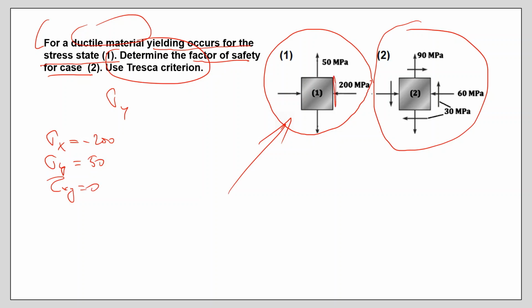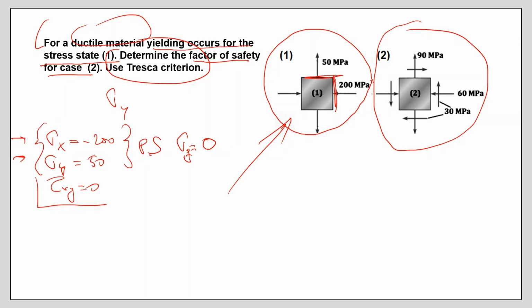Since on both of these surfaces the shear stress is 0, these two stresses are actually also principal stresses in the plane. We note that there is another one, sigma z, perpendicular to the surface, which is the third principal stress.